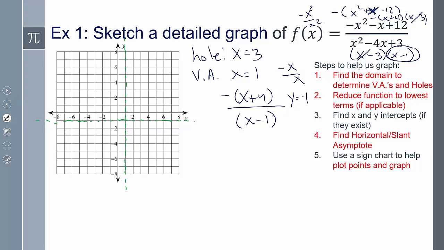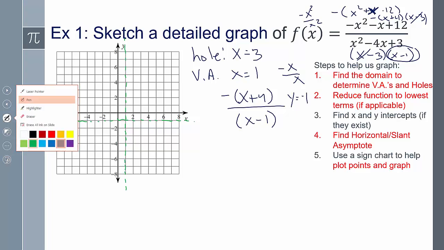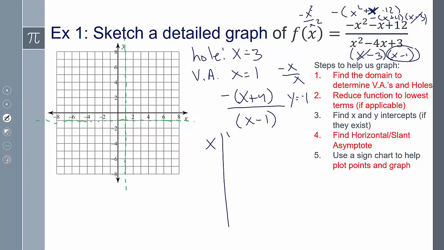So now all I need to do is just plot some points. So picking values like 2, 3, and 4, and then values like 0, negative 1, and negative 2 are going to be helpful.